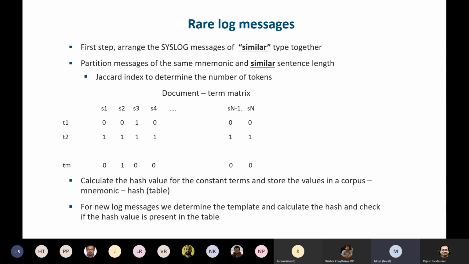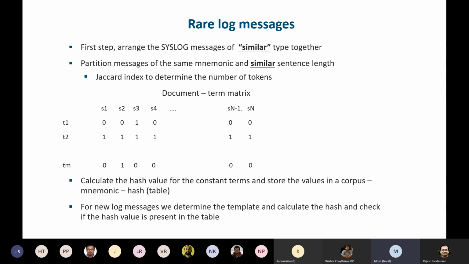If the sentence has 26 characters, even though there can be differences, we filter them using the tokenizing algorithm with the Jaccard index. Then we resequence them, and we form the document term matrix, which is probably well known to a lot of people.